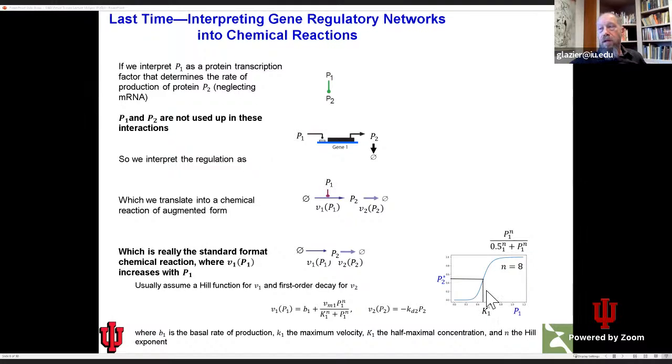And you ask the question, what is the concentration of promoter at which the rate of transcription is half of its maximum? That's K1. And how steep is the turn on? The so-called cooperativity, which is N. And again, if you're interested in that, come back next fall, take E340, 540, you can spend a semester talking.